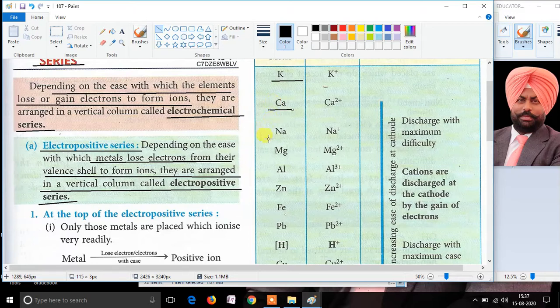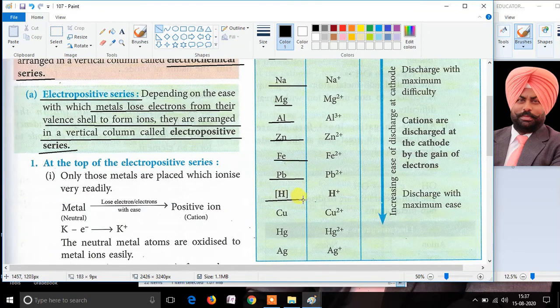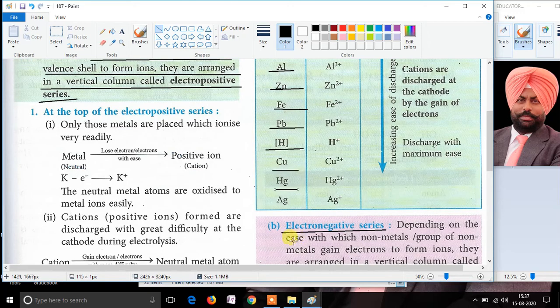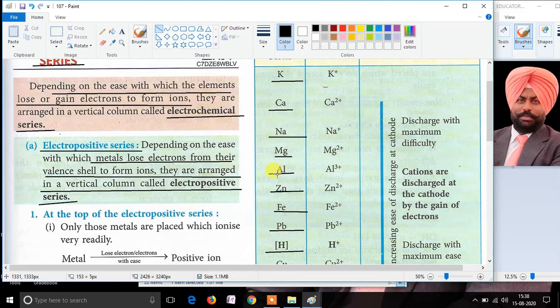Moving on further, the next element is sodium, followed by magnesium, followed by aluminium, followed by zinc, followed by iron, followed by lead, followed by hydrogen, followed by copper, followed by mercury, and followed by silver. So these are all the elements from the electrochemical series, which is known as the electropositive series. All are metals and they are placed according to the increasing order of their activity.